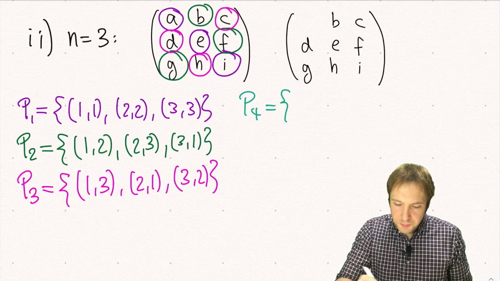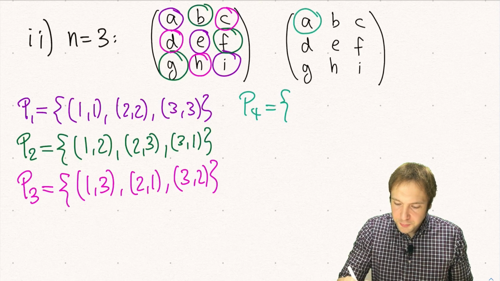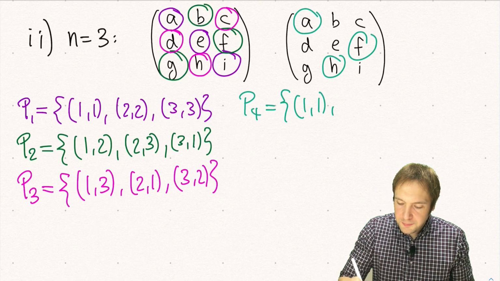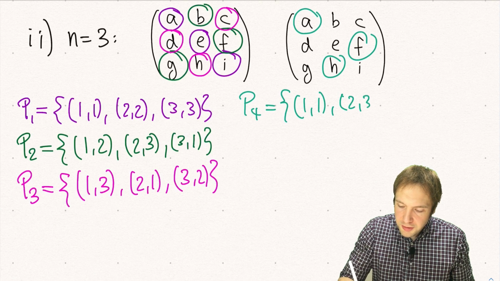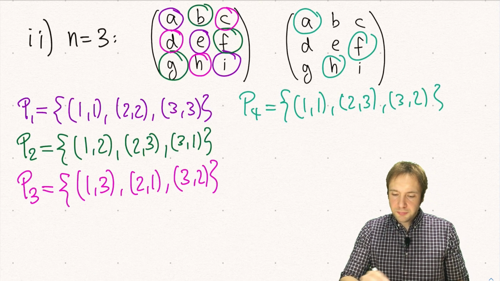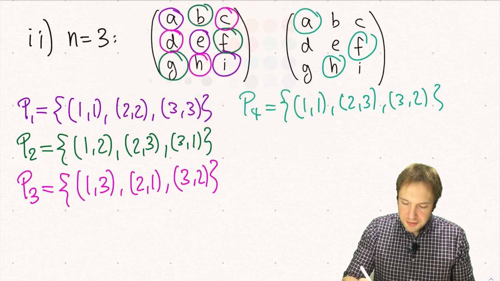So it's this one, and this one. So first row, first column, second row, third column, third row, second column. This is P4.